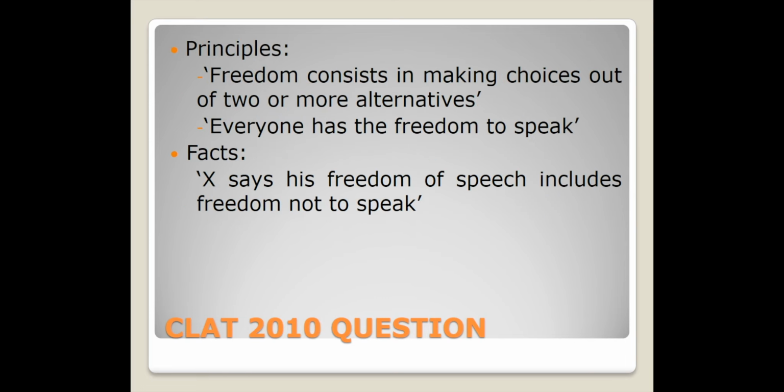Let's look at another question. The given legal principles are: freedom consists in making choices out of two or more alternatives. Everyone has the freedom to speak. Facts are: X says his freedom of speech includes the freedom not to speak.